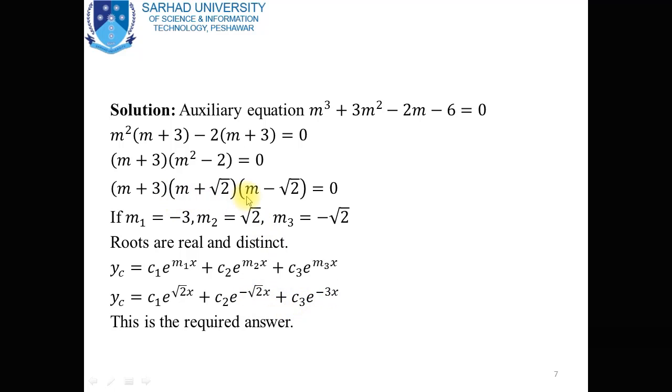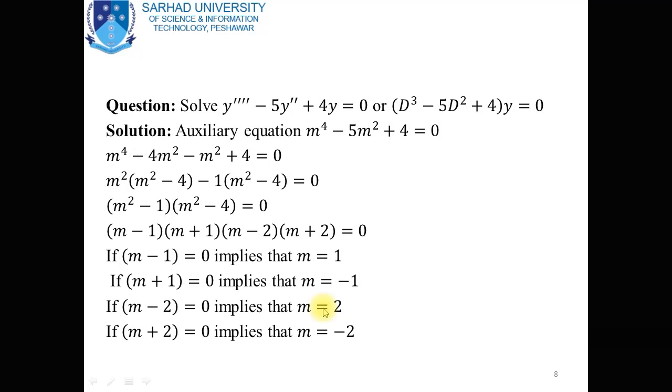In these three roots, we can take m1, m2 and m3 as any of the roots. So the complementary solution you see over here is equal to c1 e power under root 2x plus c2 e power minus under root 2x plus c3 e power minus 3x.